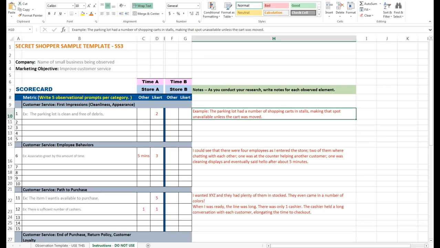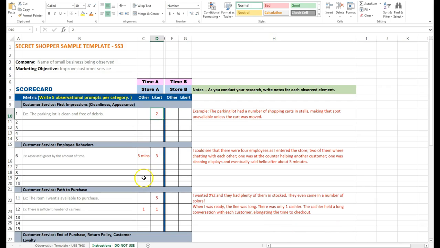And if somebody isn't attending the parking stalls and getting those, in this case, shopping carts out of the way, then people don't have a means to go and park their cars. All right. So it's important to go ahead and take care of that. And so I gave them a 2 because, you know, there were stalls, but a number of the stalls were unavailable.